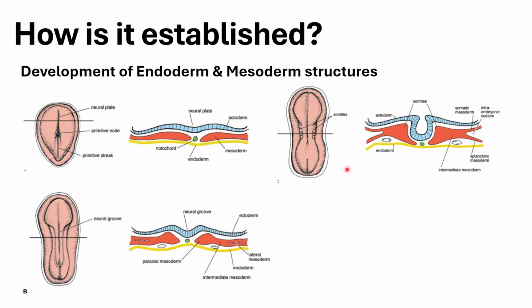Okay, so here you can see that from simple layers, especially for the mesoderm will eventually subdivide, and as what we said earlier, it would have your para-axial mesoderm, your intermediate mesoderm, okay, and then your lateral mesoderm, which will actually split into two.